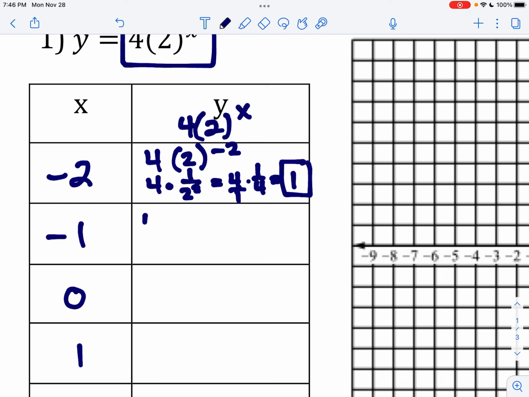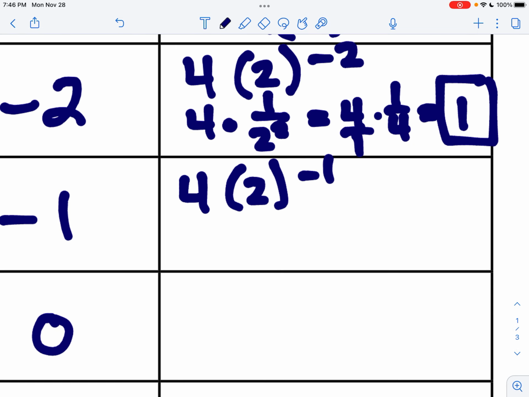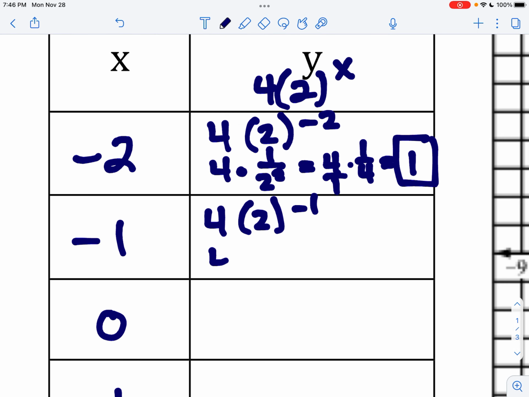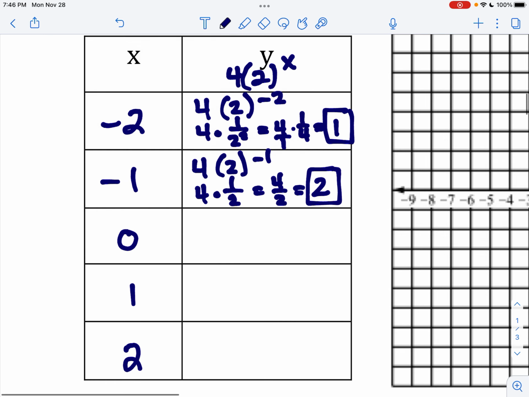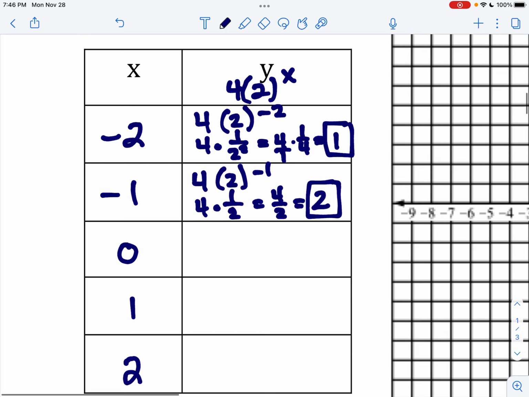Okay, let's try it with this one. 4 times 2 to the -1 power. That means I'm going to flip it, and I'm going to have 4 times 1 over 2. Well, 4 times 1 over 2 is 4 over 2, which just equals 2. So I'm going to graph -1, 2. 0, that's my y-intercept.